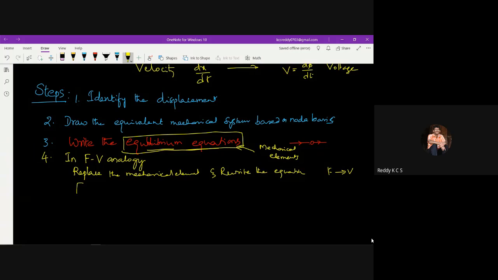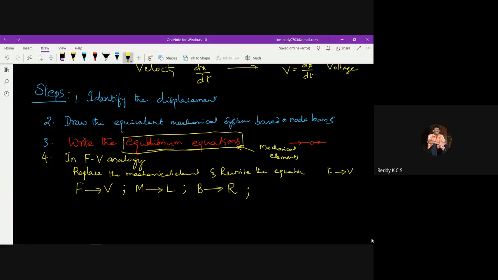So if there is a force, just replace it with voltage. Similarly, if you have a mass in the mechanical equation, replace it with inductance, and if you have a friction coefficient, replace it with resistance.